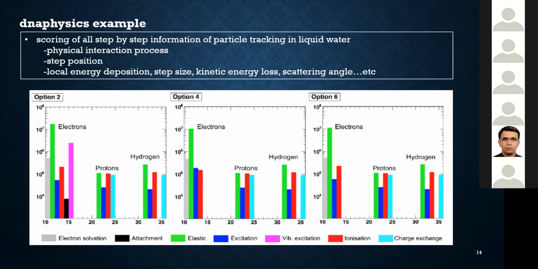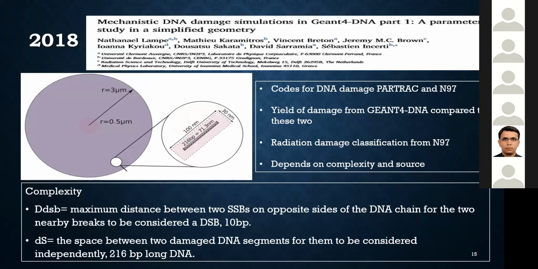So continuing, this one is from 2018, a simulation, well, we are getting into DNA damage. Okay, we already talked about what Geant4-DNA is and how to simulate DNA. But now when we talk about DNA damage, how do we simulate this DNA damage?